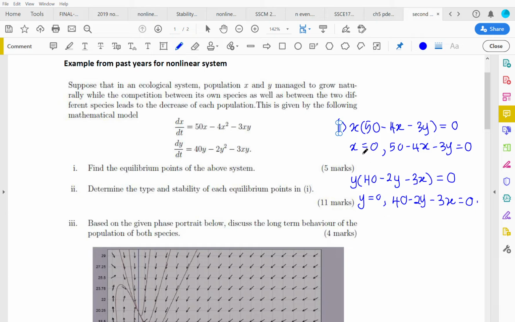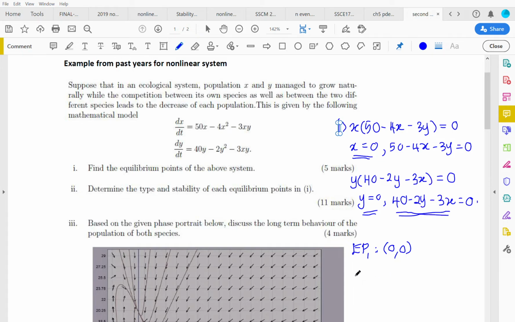Let us see. The first x here, we can pair with y equal to 0 to get the first equilibrium point. So the first equilibrium point is 0, 0. Besides that, x equal to 0 we can also pair with the second expression from the second equation.